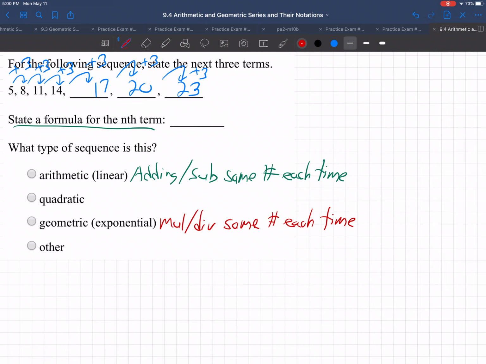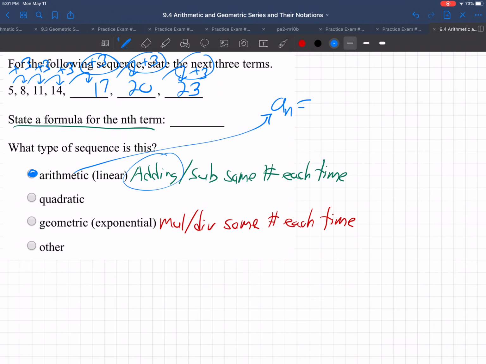So, what's the story with this one? We are clearly adding the same number every time. So we're adding, so we're arithmetic. And now that we know it's arithmetic, we grab the arithmetic formula.